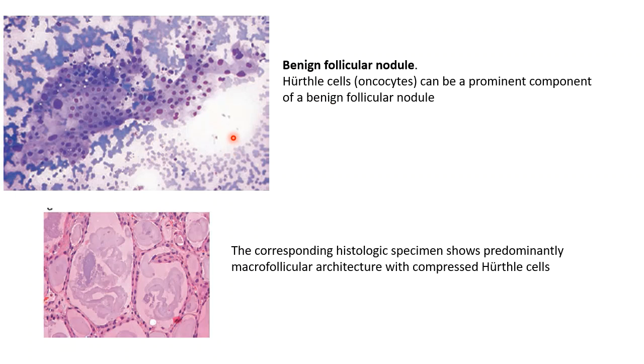If you are seeing colloid in the background with Hürthle cell change, some benign follicular epithelial cells along with Hürthle cell change and background colloid, label it as a benign follicular nodule. Do not call it Hürthle cell neoplasm. This is the corresponding histologic specimen, which shows predominantly macrofollicular architecture with compressed Hürthle cells.